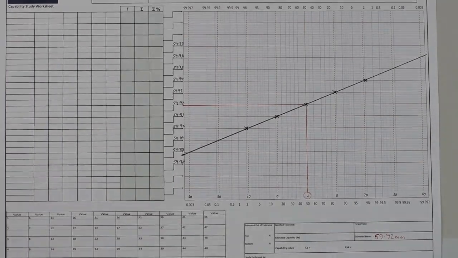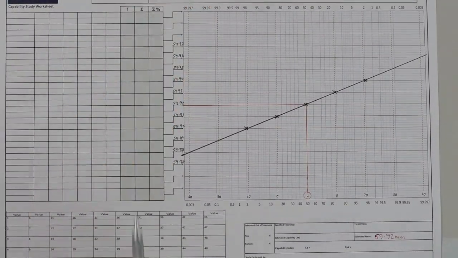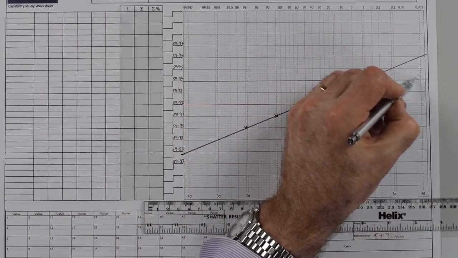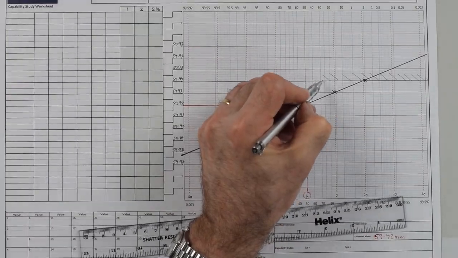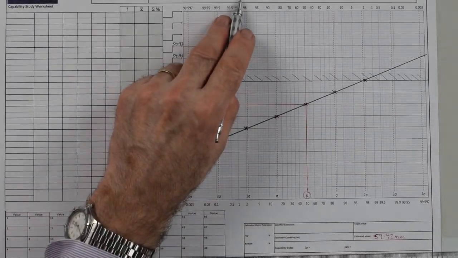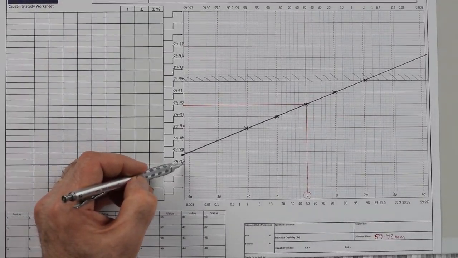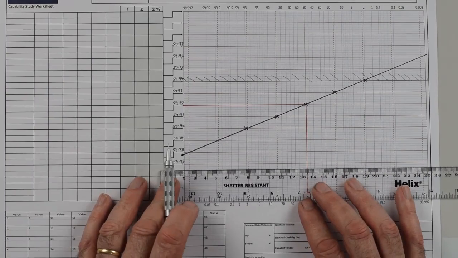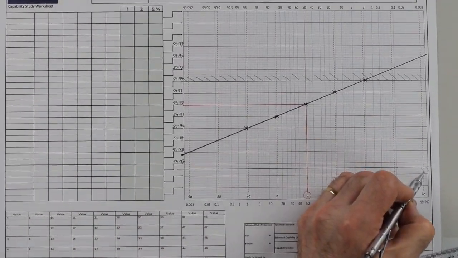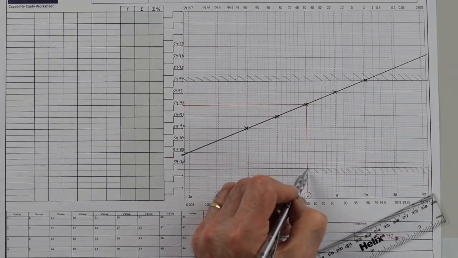Again, we can plot on the upper and lower specification limits, in this case 59.940, and again I like to cross-hatch on the failure side of the specification limit. And the lower specification is 59.866, so we have 59.866 here, and again cross-hatch on the lower side indicating where product would fail.